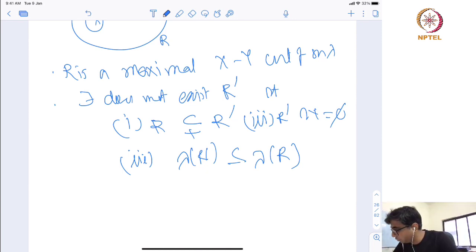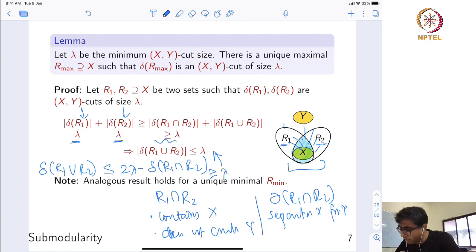Then we will call this maximal with this property. Now what we have shown is that if this is the definition of maximal you are trying to put, with respect to min cut size, then there is a unique maximal R with this property, right?